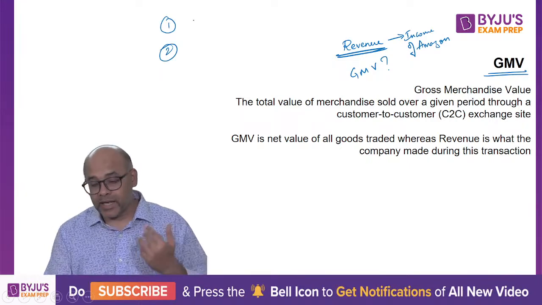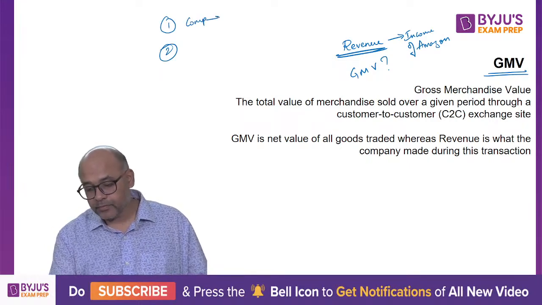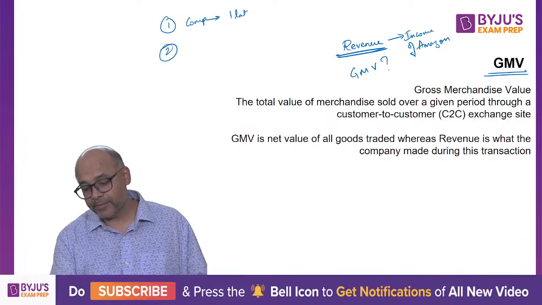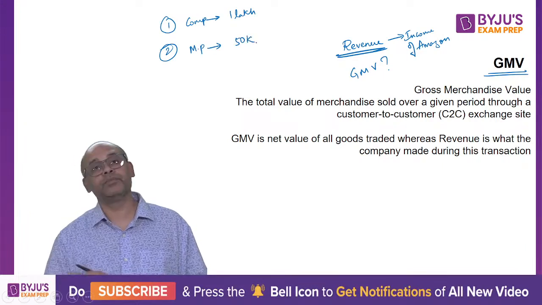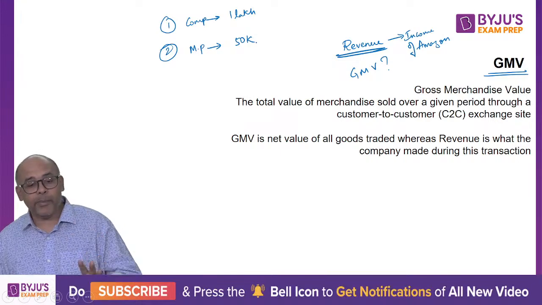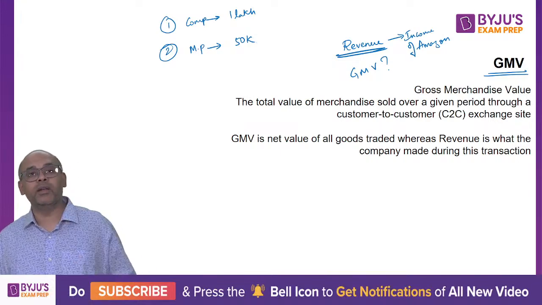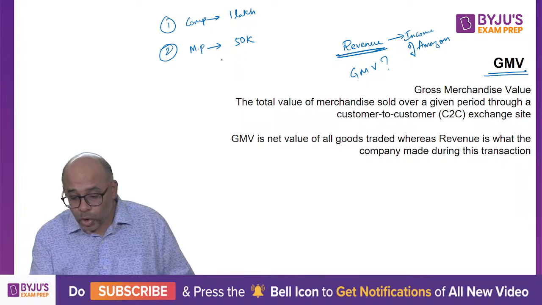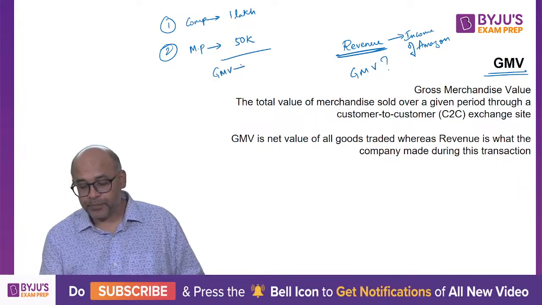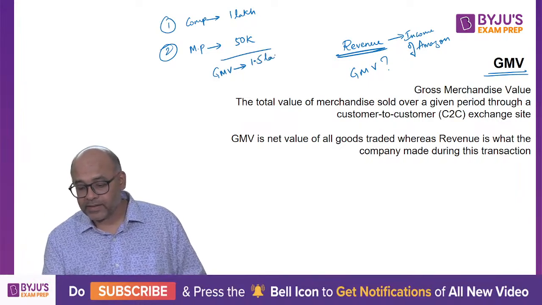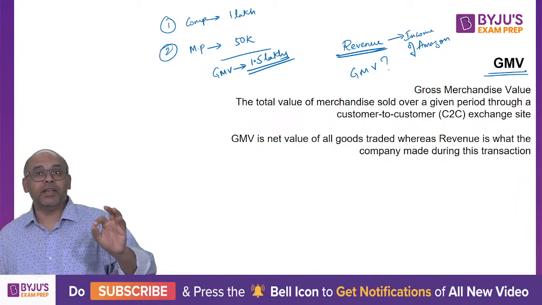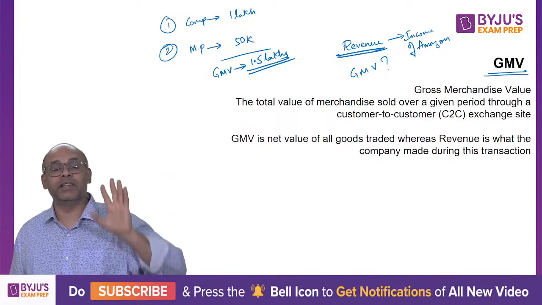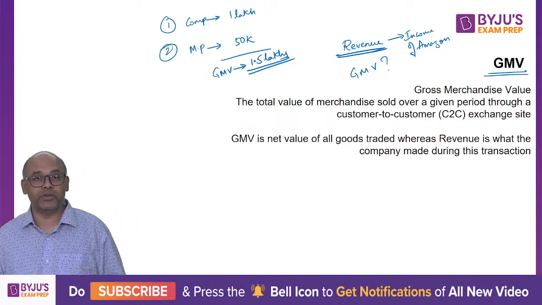One product is a computer, 1 lakh per item, and a mobile phone, 50,000 per unit. Let us say Amazon sells only one computer and only one mobile phone. The total GMV is 1.5 lakhs. The total GMV is the money that Amazon collected by selling this. It is called gross merchandise value.